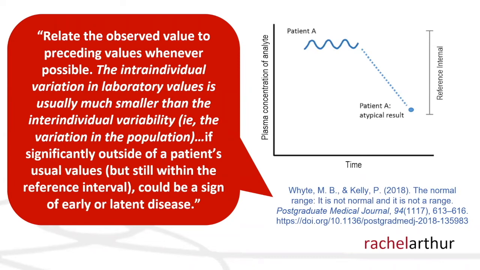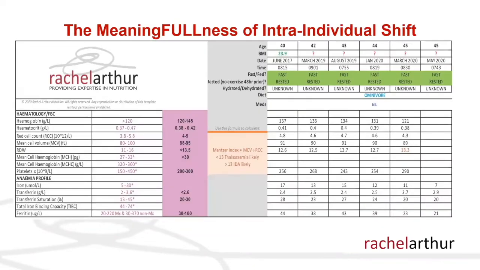Let's take a look. So here is a series of labs from a patient collected over 5 years, looking at those panels for hematology and iron studies. And on the surface, it looks all well and good because this patient is certainly sitting consistently above the minimum for hemoglobin, likewise for hematocrit.